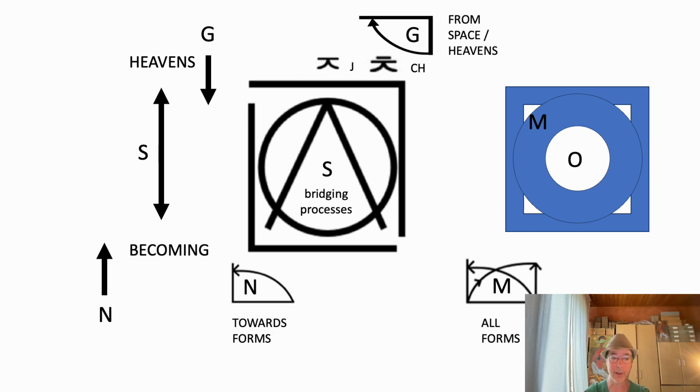What you make from reality, or what you make into forms, is the N. That's a completely different thing. If you really take all the forms, it's the M. Now it's maybe a bit abstract, but if you think about it, you will notice how these letters are used in language as well. The S is then more bridging all process between heaven and earth, and everything that works in between.